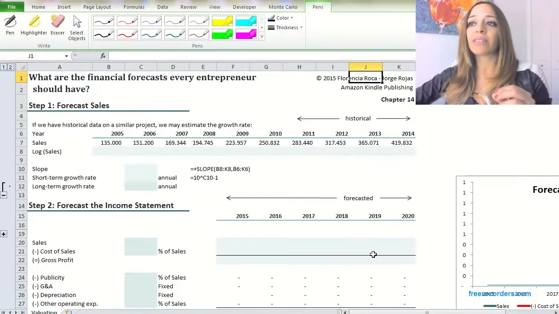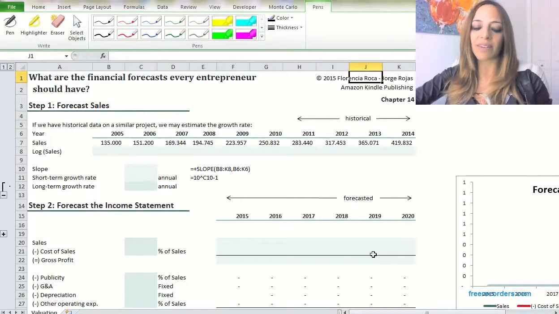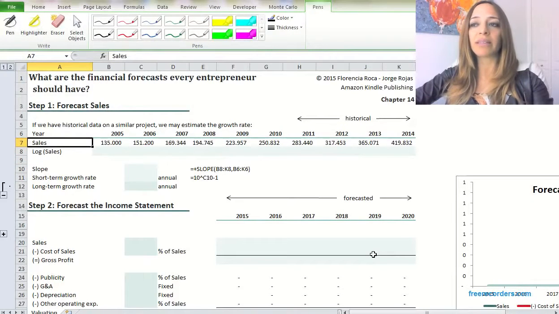A big question is always how much will the company grow? And if this is a new project, that will be a very difficult question to answer. In case we have some historical information from this business or a similar one, for example, a similar project in another country, then we can calculate the annual growth rate of such project and apply it here, at least for the short term.